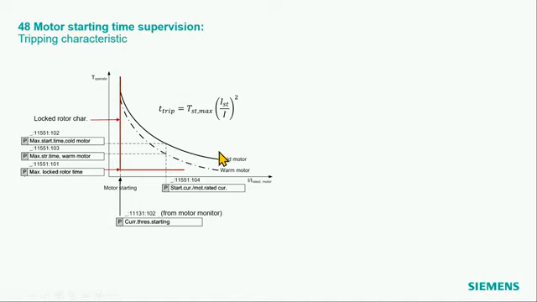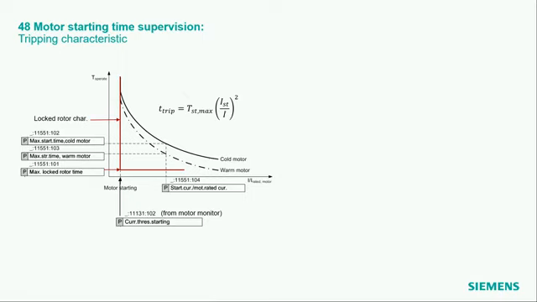What I now need to do is to get, again, a pair of settings, the starting time and the starting current that belongs to the starting time. In that case, it is the maximum starting time which I need to enter, because if I exceeded the normal starting time by a couple of percent, it would always trip. So here the idea is really to enter the maximum starting time.